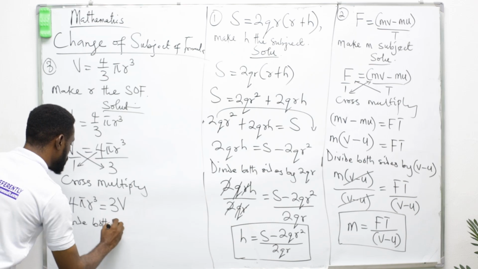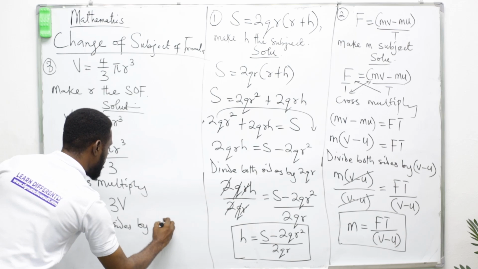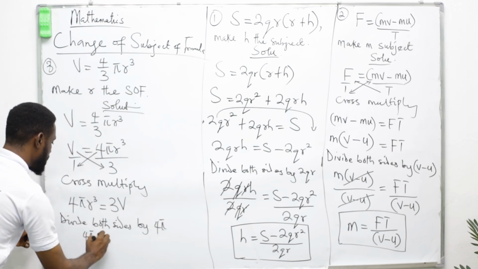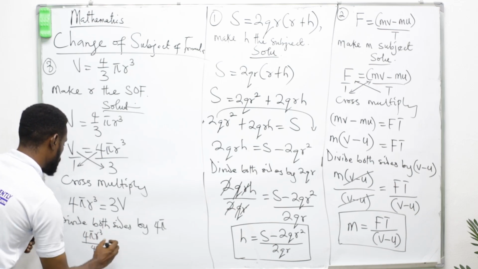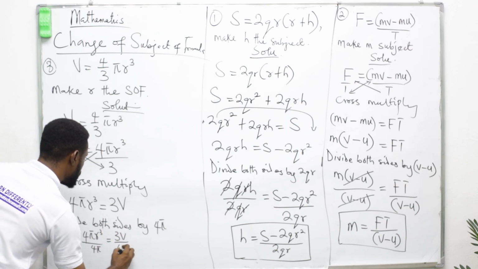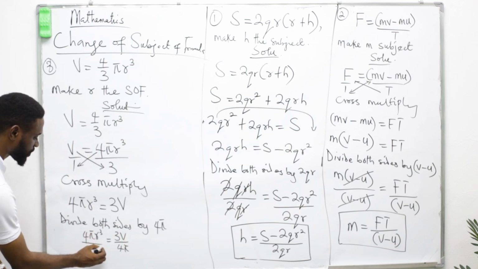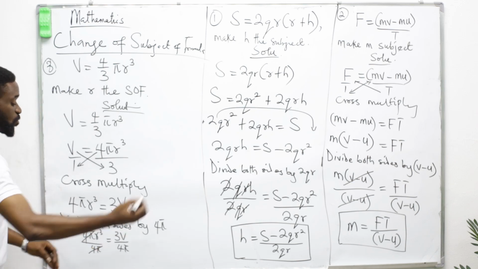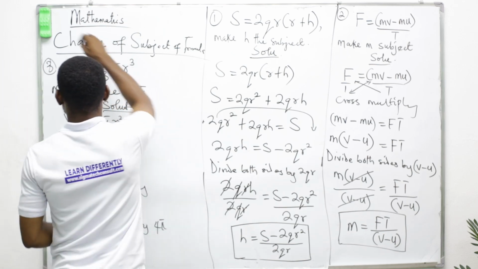That means 4 pi R cube over 4 pi is equal to 3V divided by 4 pi. Are you with me there now? We remove this pi. 4 pi divided by 4 pi is 1. 1 times R cube is R cube. 1 times anything is that thing.